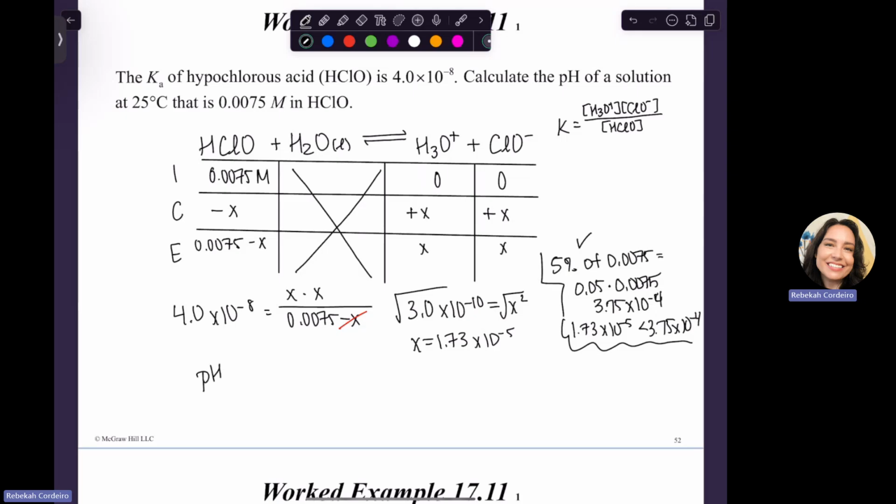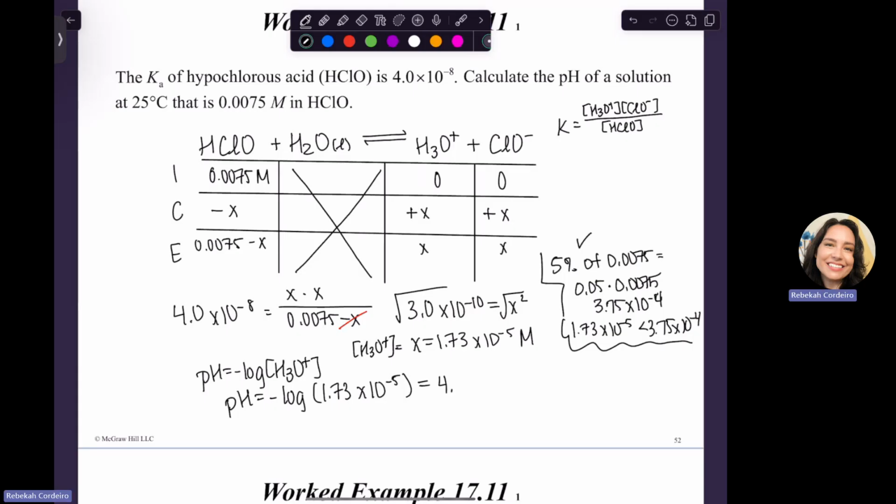So my pH is my negative log of my hydronium ion concentration, which is x. So I can just plug that in. So if you got the ice tables down, this is really just an application. If you don't have the ice tables down, then it may be a little bit more complicated for you, but just keep doing some practice with the ice tables to see if you can figure that out.